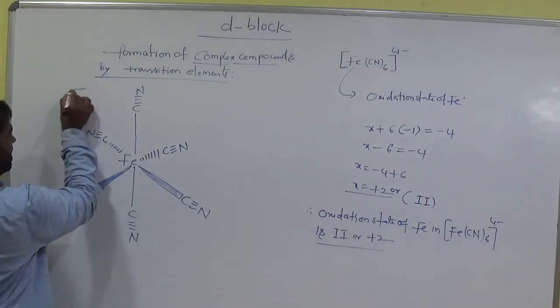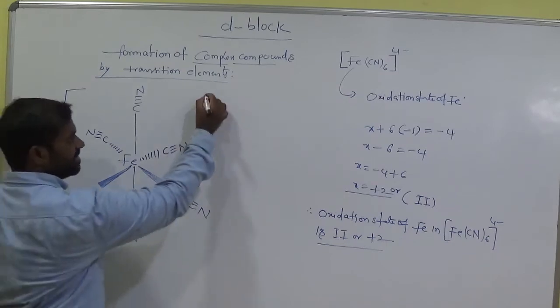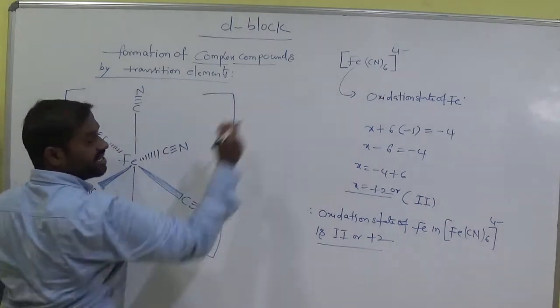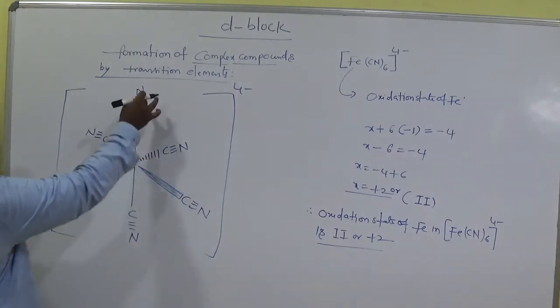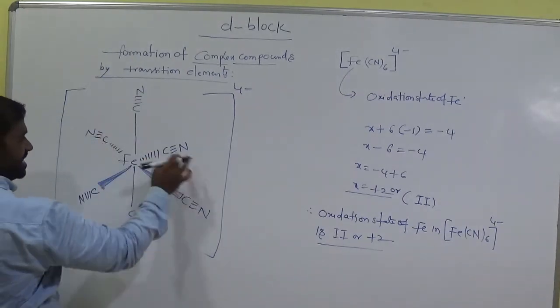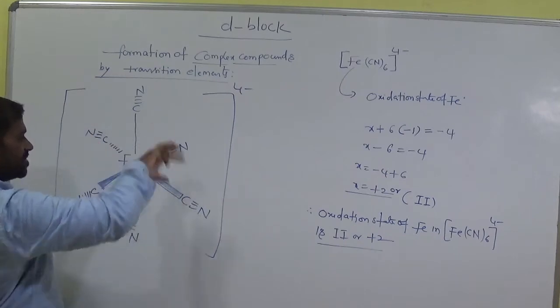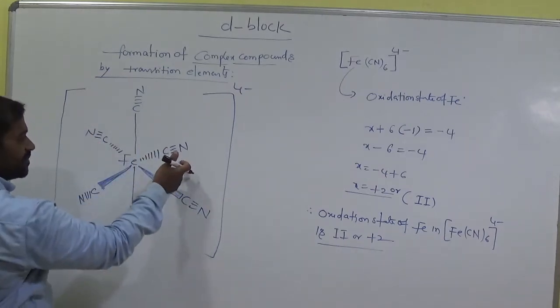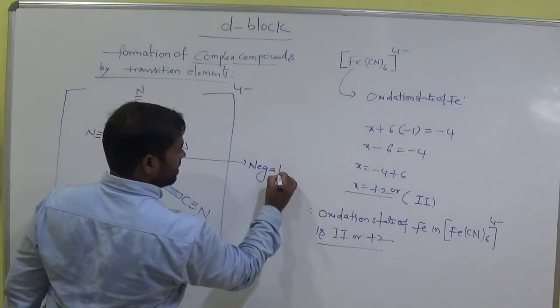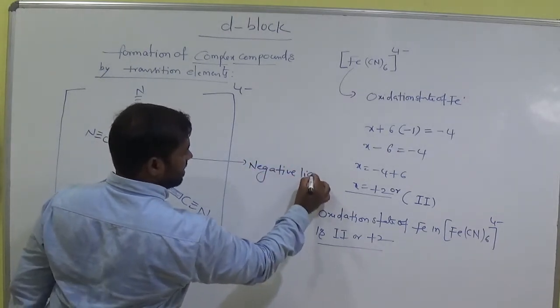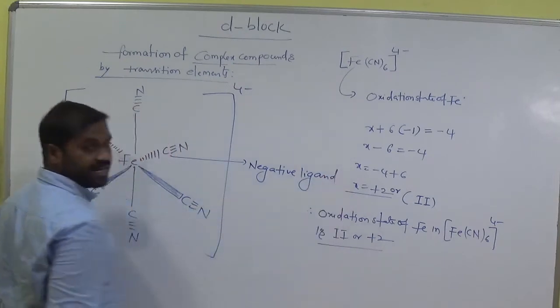If we observe one thing, this is the complex ion, am I right? What about the charge here? 4 minus. So here how many ligands? 1, 2, 3, 4, 5, 6. 6 ligands around the central atom. What type of ligand are these? Cyanide is a negative ligand. Clear?